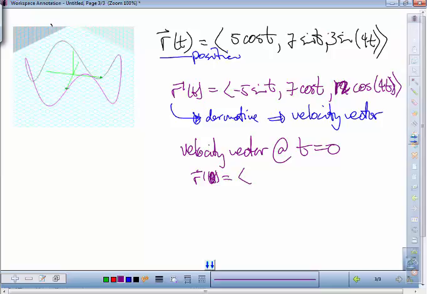What's sine of 0? 0. Cosine of 0? 1. So this is 7 times 1. And then cosine of 0 again is 1, so 12. So now I'm looking at the vector 0, 7, 12. And like I said, from the origin, this is not very significant.